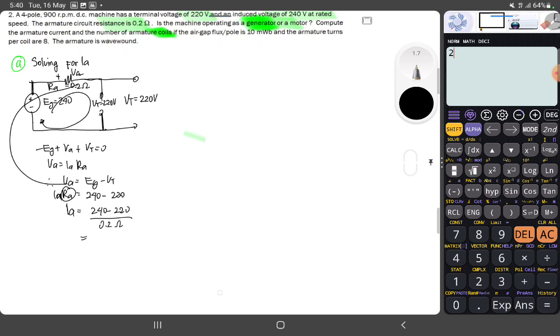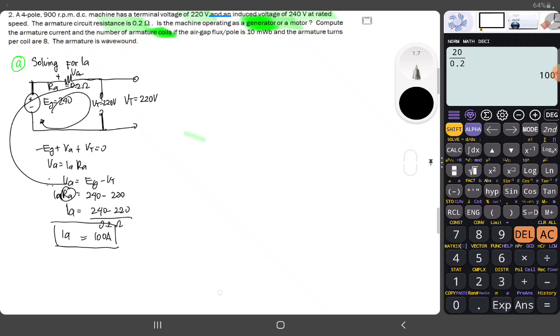So 240 minus 220 is 20, divided by 0.2. We'll have a current IA equal to 100 amperes. Okay, next.